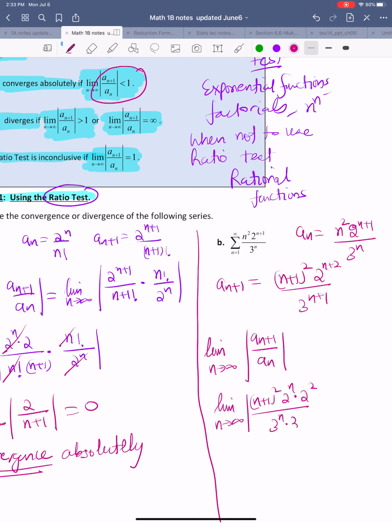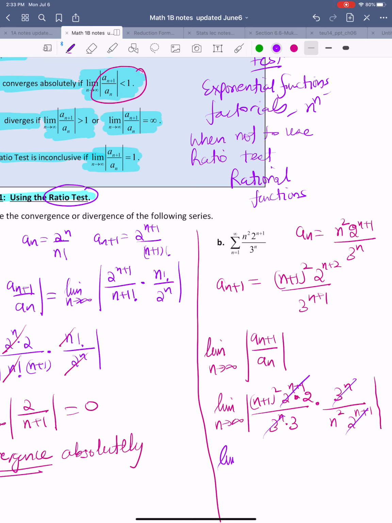And when I divide by a_n, we are actually multiplying by the reciprocal, 2 to the power n+1. A small change here: when I broke 2 to the power n, I'm going to break it as 2 to the power n+1 times 2, because I want to be able to cancel between the top and bottom. Let's see the common terms that we can get rid of. 2 to the power n+1 is there, 3 to the power n is there.